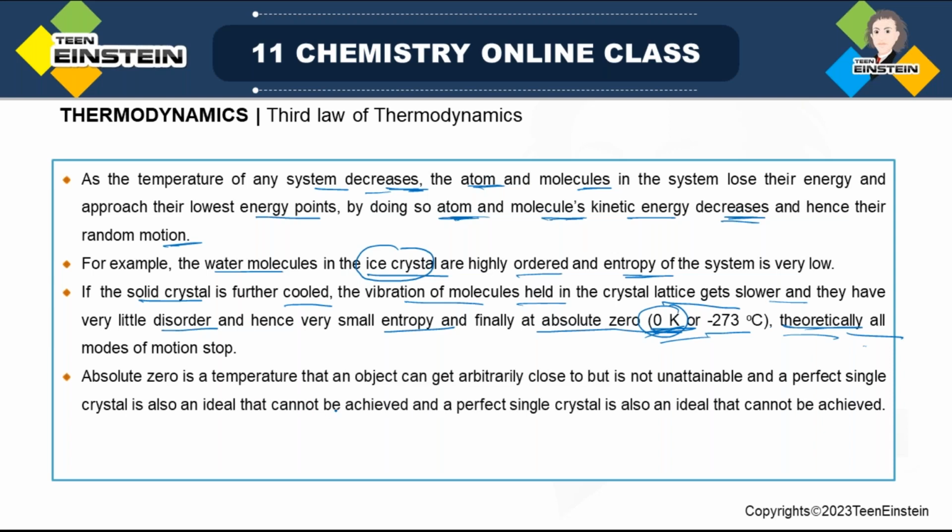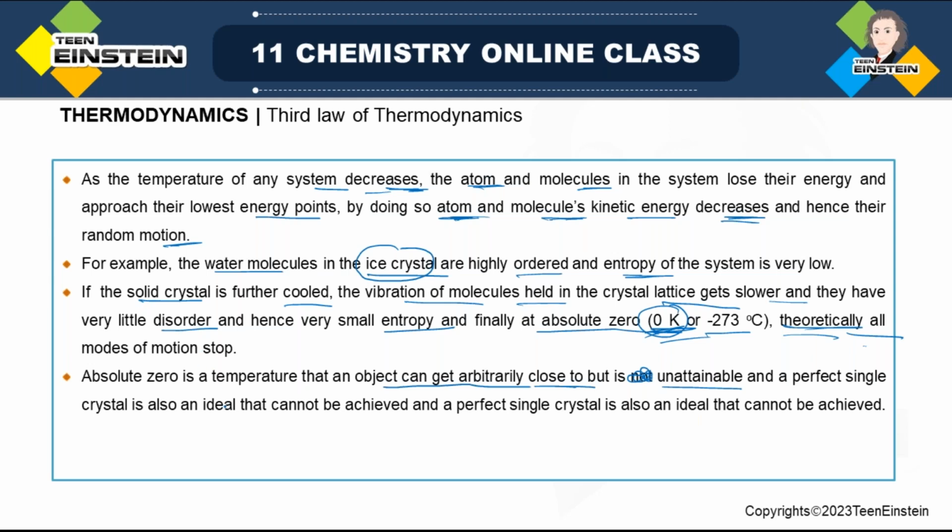So absolute zero is a temperature that an object can get arbitrarily close to, but it is unattainable. You cannot attain it.